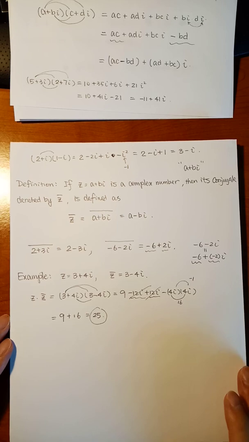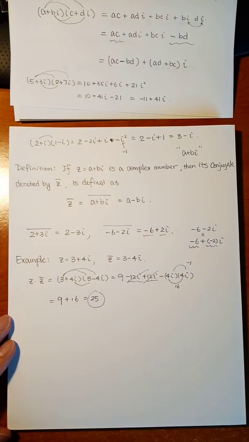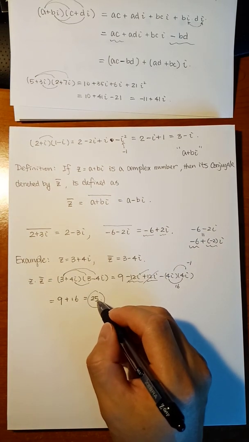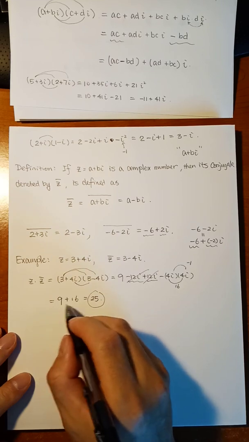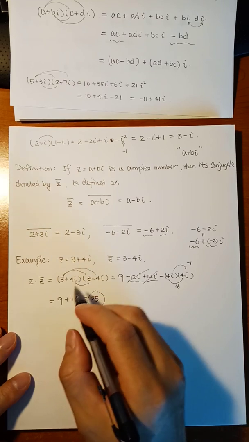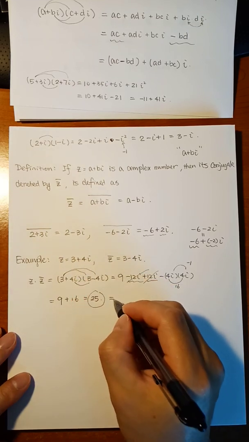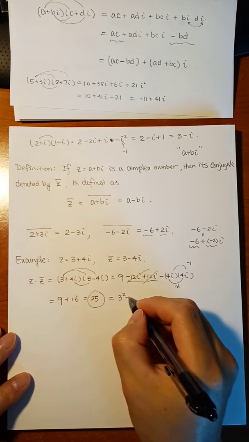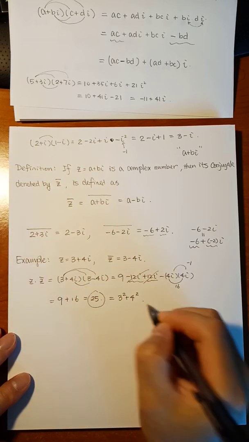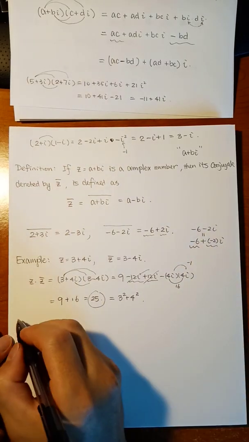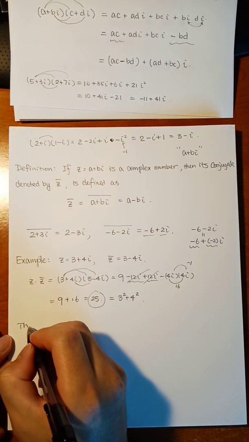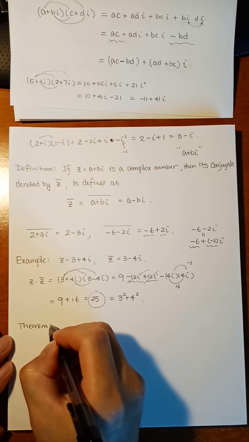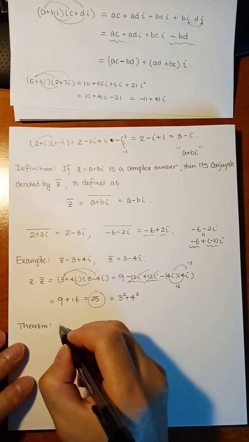It actually represents a general fact. And also, what is 25? 25 is 9 plus 16. What is 9? 9 is 3 squared. 16 is 4 squared.